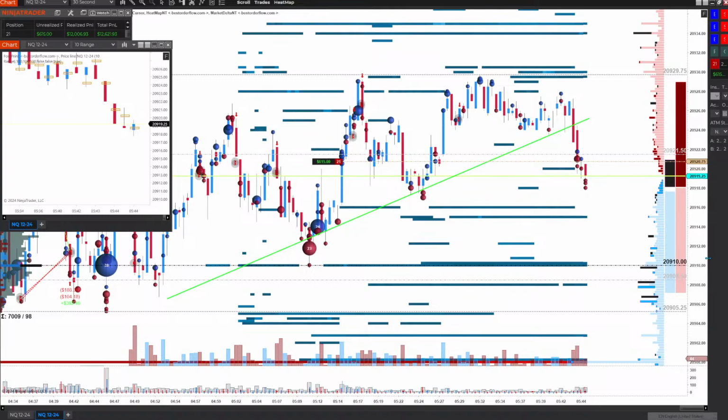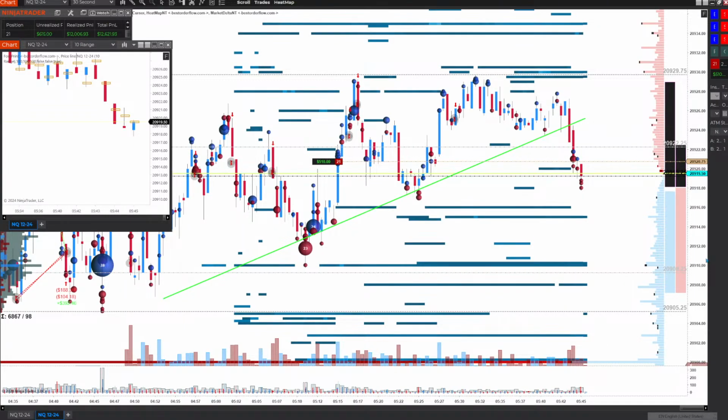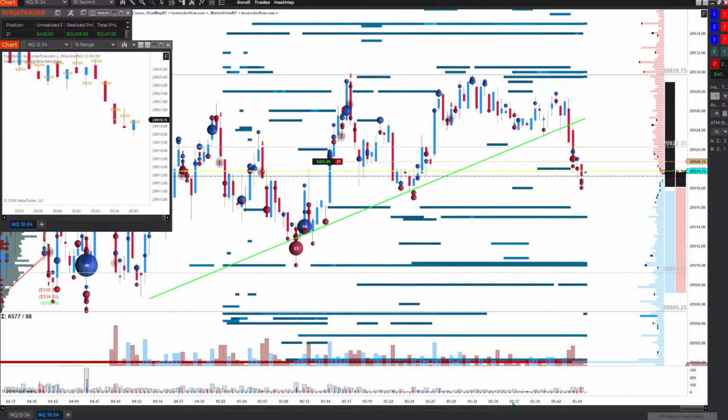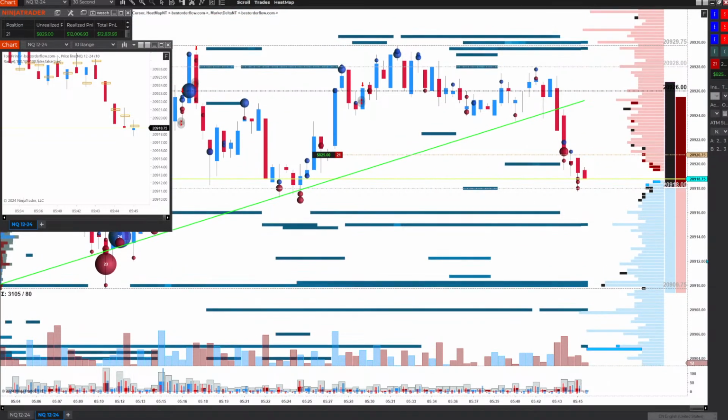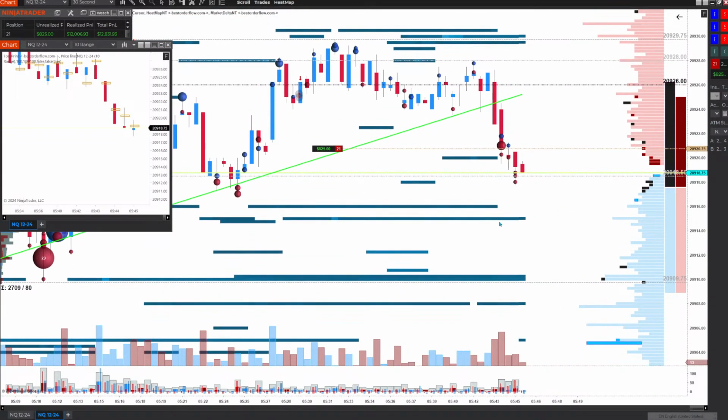It depends on your tolerance, your account size, what is deposited in your account, or on your personality if you're a risky personality.